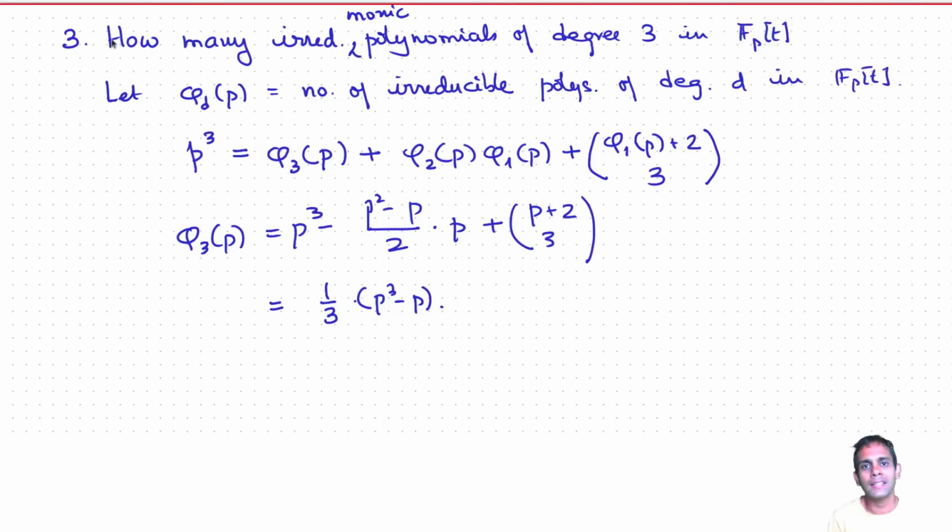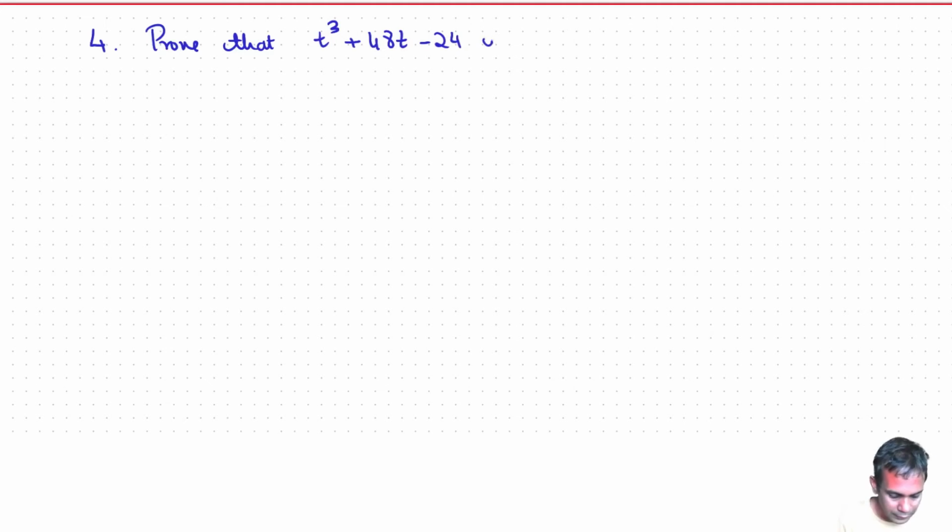The next exercise is a fairly straightforward application of Eisenstein's criterion. Prove that t cubed plus 48t minus 24 is irreducible in Q[t].